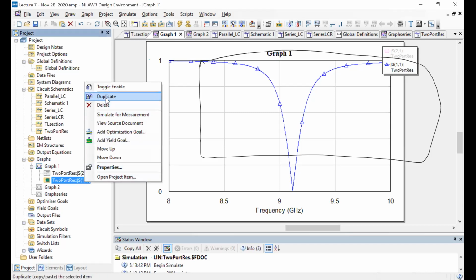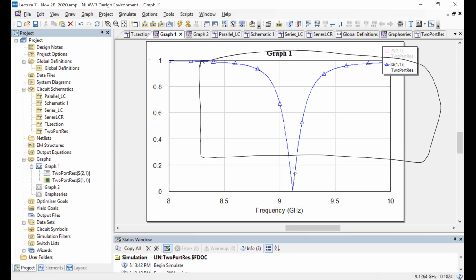I mean, all the single port resonators we looked at, did we see something like this? No, this is the magnitude of. Yeah. Joydeep?